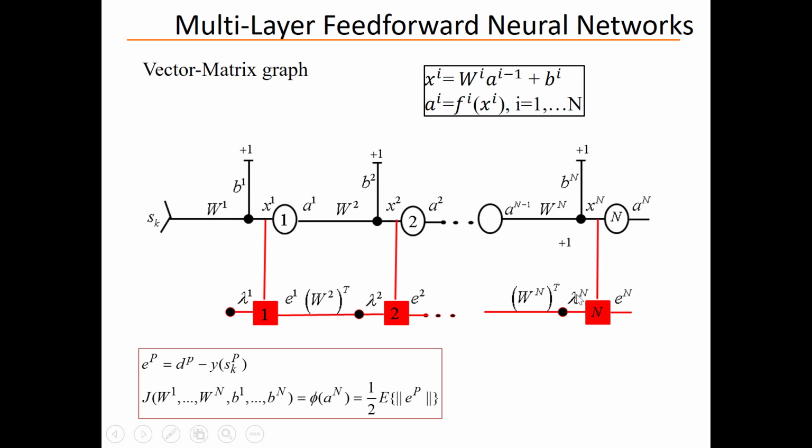So to obtain these lambda parameters, or these so-called e, with a superscript designating the layer, you have to drive it with this error signal and pass it through all these blocks. The square red block, as I mentioned last time, is derived from the circle here, which is the activation function, by taking the derivative at this state.